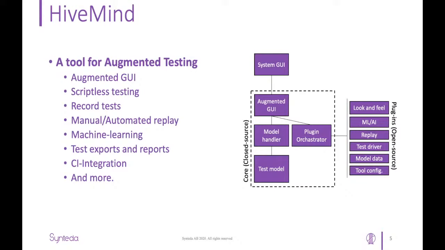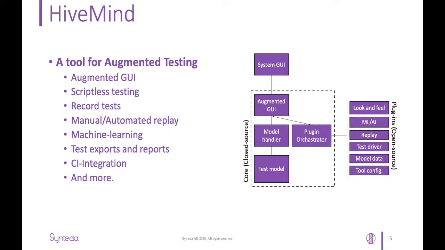This augmented UI then also serves to record test cases. So you record them through the augmented UI, and then they're saved in a model that contains both the test functionality as well as the test inputs and everything that might be needed. The augmented UI then supports both manual and automated replay of all the test cases that you have created.